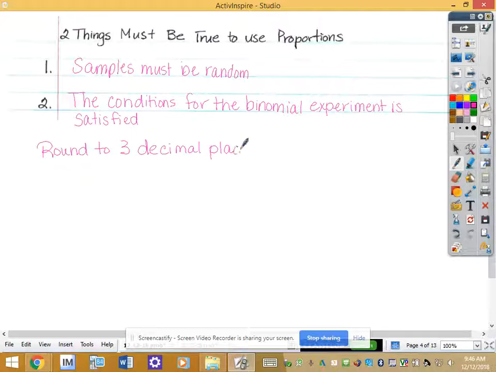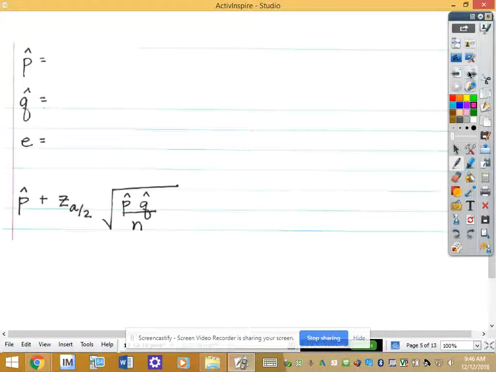We're going to assume that we're following the standard procedure for changing percents to decimals and decimals to percents. As we continue to work our way through this, please keep in mind that you're looking for percentages, that P has to be given as a percent.